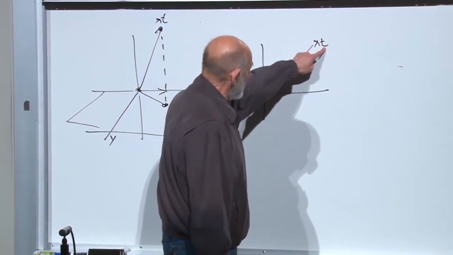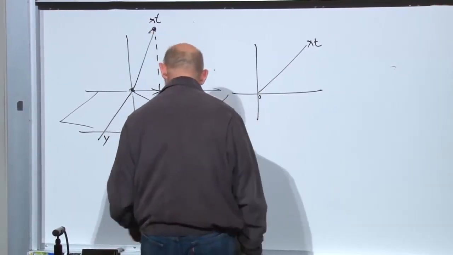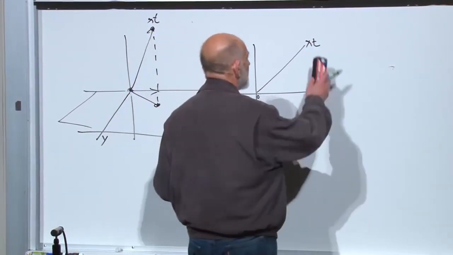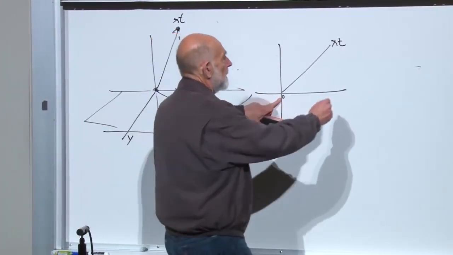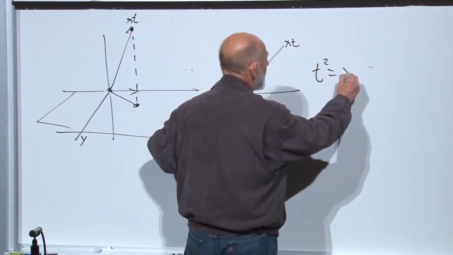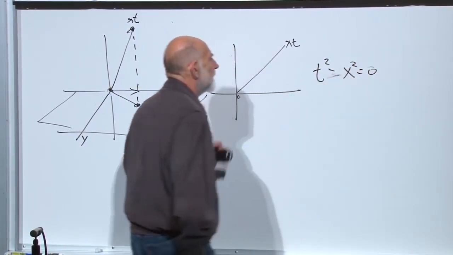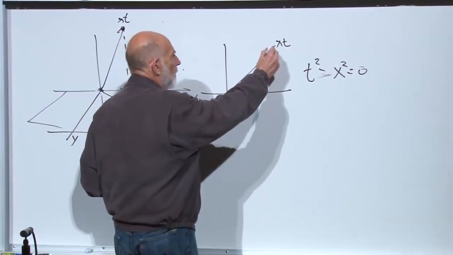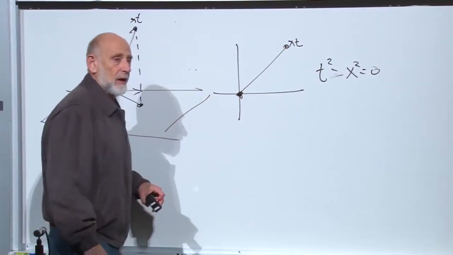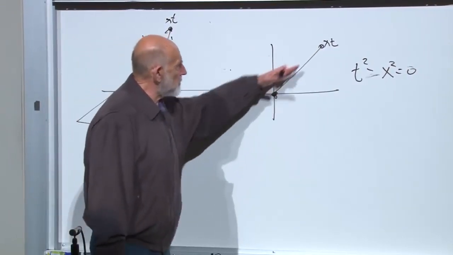In a certain time t, the distance it moves is equal to that time. That means that t squared minus x squared is equal to 0, or that the space-time interval, proper time, is 0.